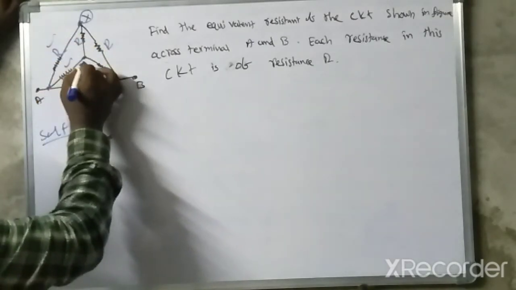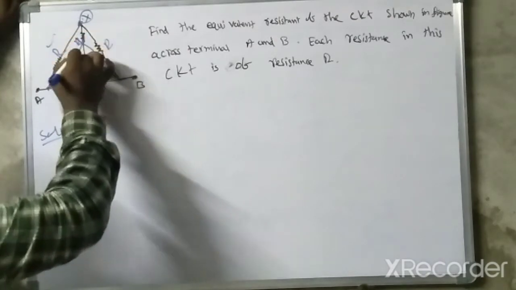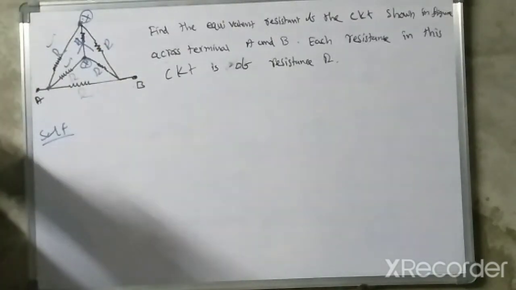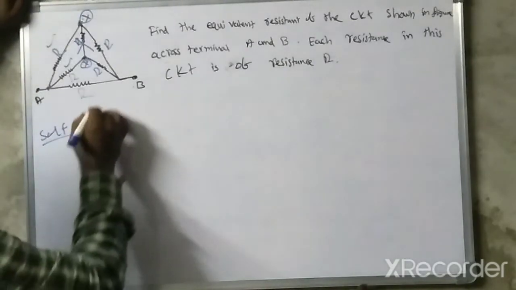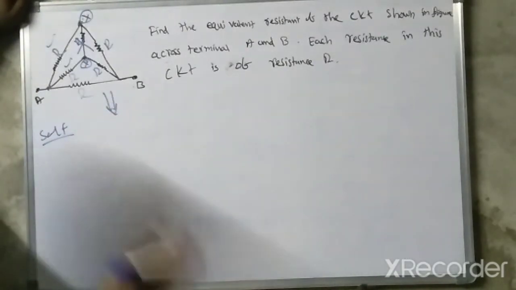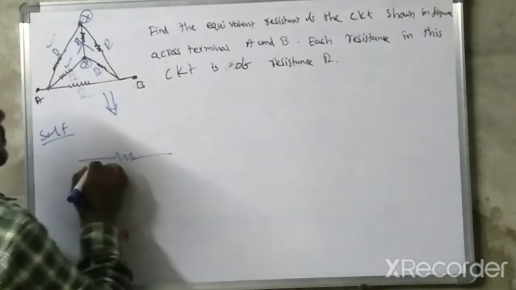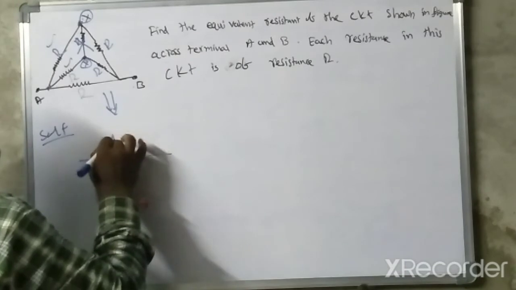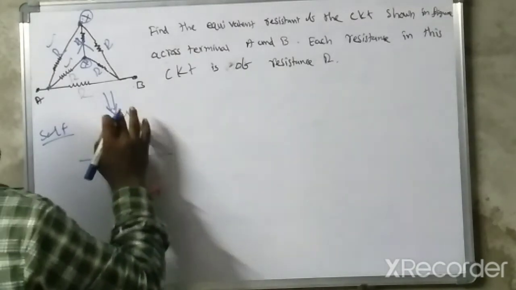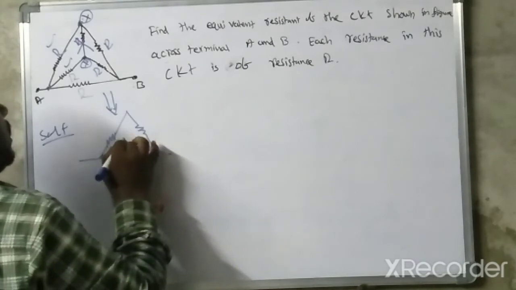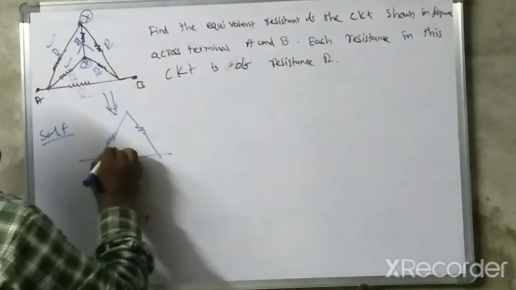That's why this one is also X. The potential difference is the same, so there is no need to draw the middle resistance, and you may remove it. Finally the circuit looks like this: this is one resistor, this is another resistor, and here another resistor.